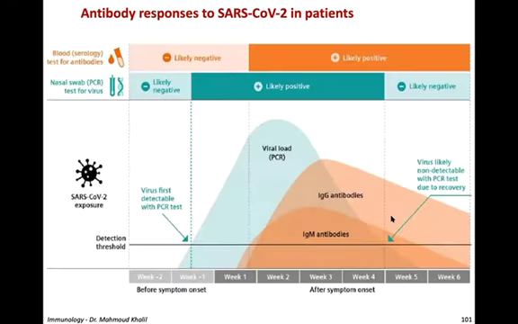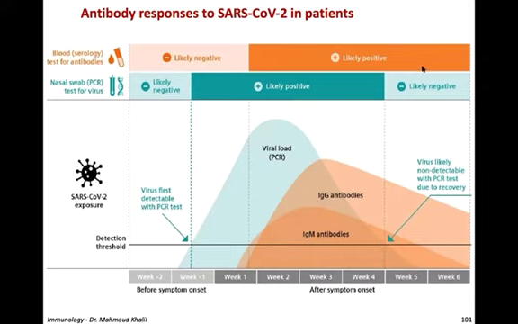Together with this figure, which explains more which region can be considered negative or positive. If you have a blood test, it is likely negative, and you can detect the virus starting up till week 1 after being detected by the PCR.